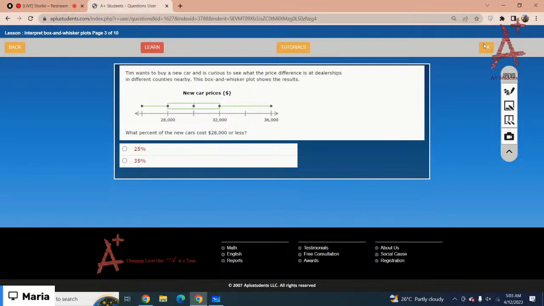Just 25%. Got it? The graph is divided into three equal portions: 25%, 25%, and 25%. So that means 28,000 is 25%. Got it?